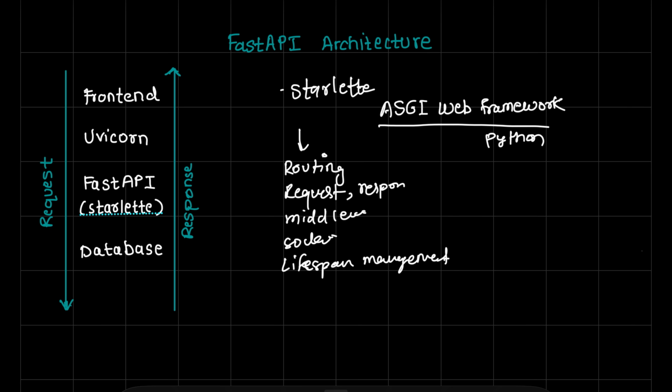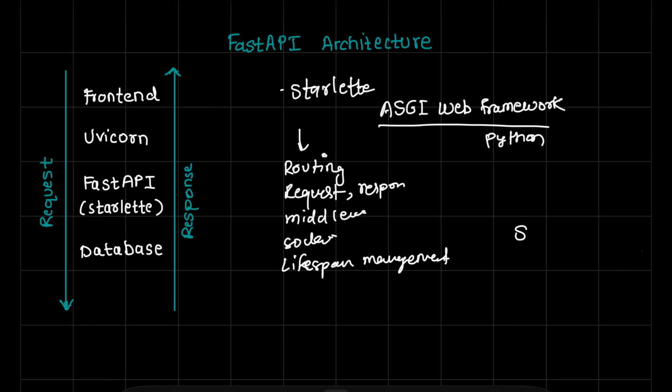So these are the services, functions, or features that Starlette provides: routing, request response handling, middleware, sockets. All these things are actually coming from Starlette. We think that this comes from FastAPI, but no. Under the hood, FastAPI is built upon Starlette only.